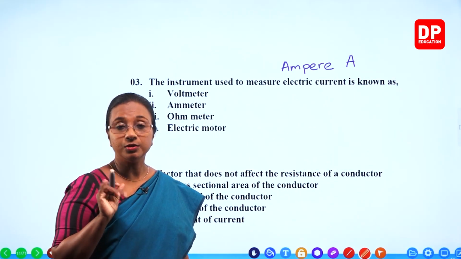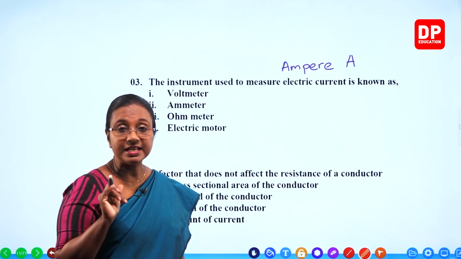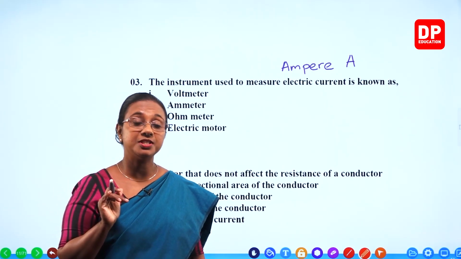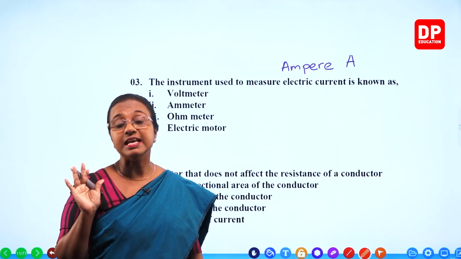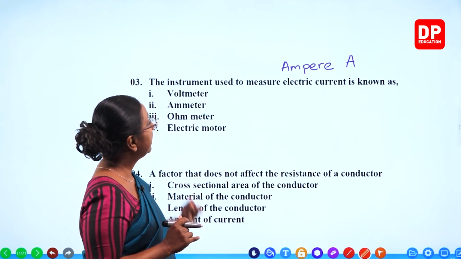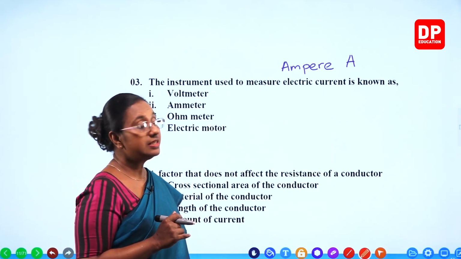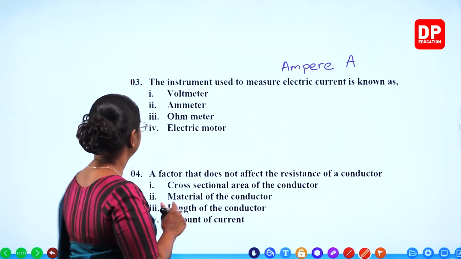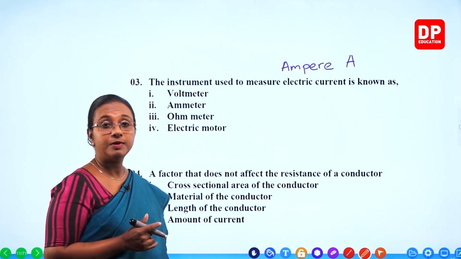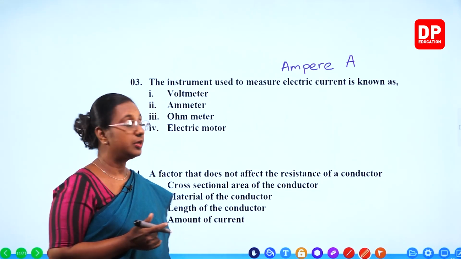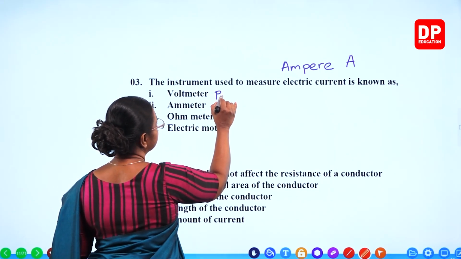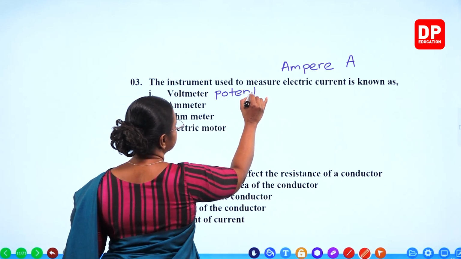You all know the quantities: there is a standard unit used to measure the particular quantity, and the instrument used. So for electric current, it is the ammeter. Unit is amperes. So voltmeter, what does that measure? Potential difference.